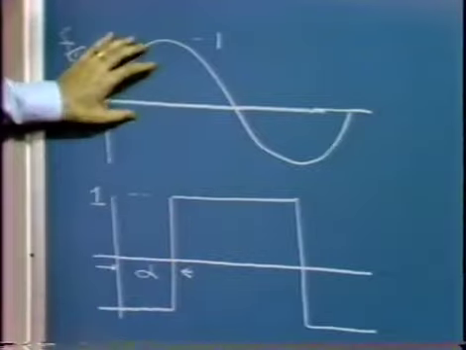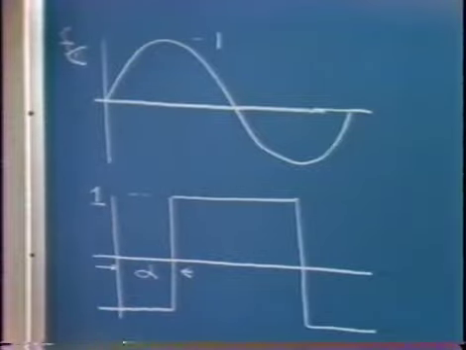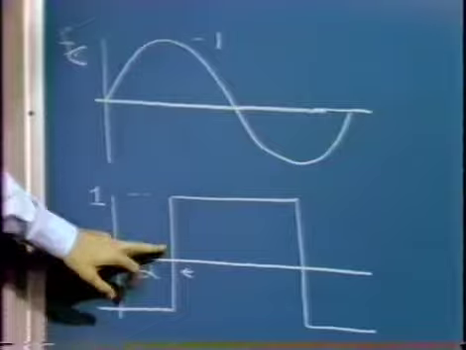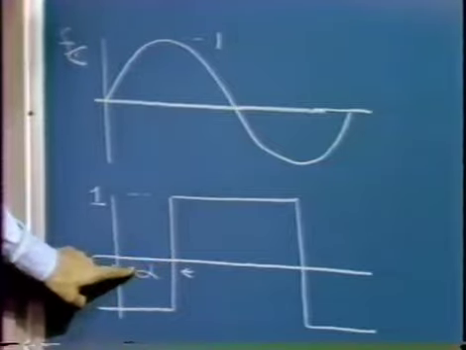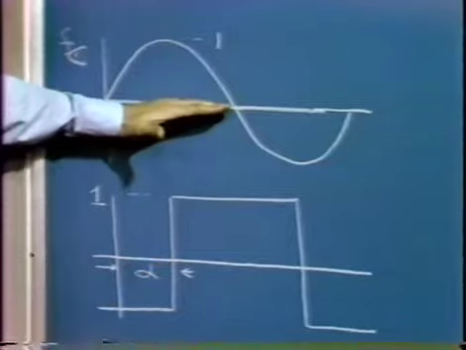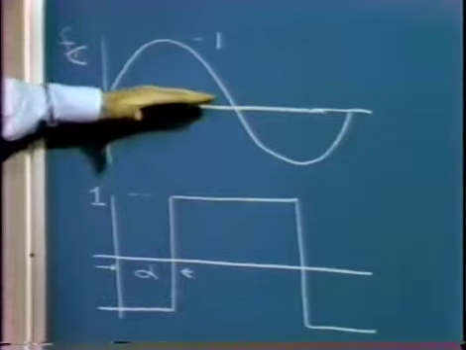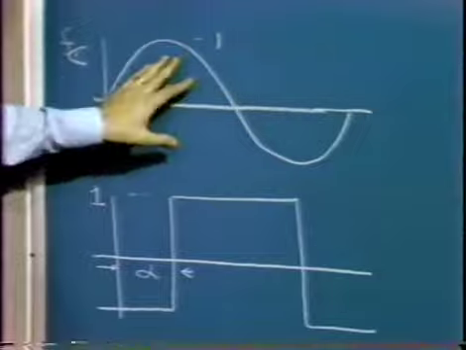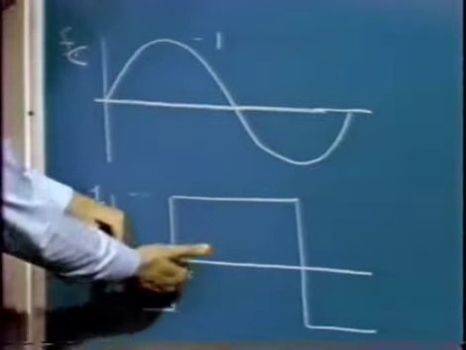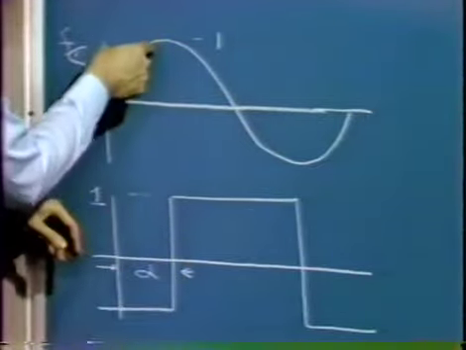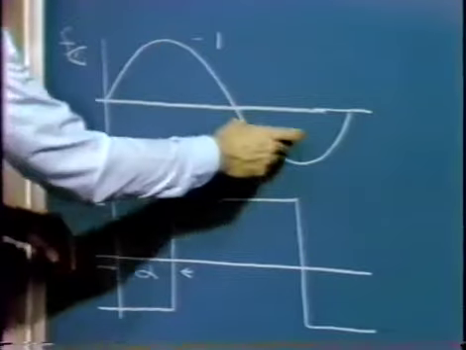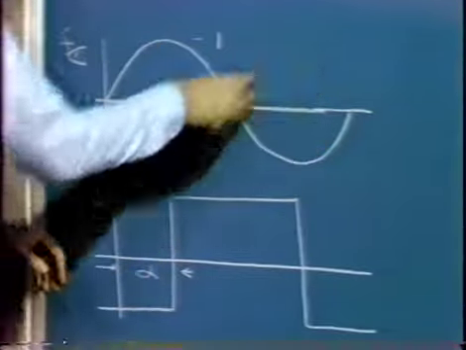Again, we assume a relative phase angle alpha between the two signals. Here, if alpha were 0, we would get, as the output of the phase detector, the product of these two signals, we'd effectively get a full wave rectified sine wave. If alpha were 0, we'd multiply this part of the sine wave by +1, this part by -1, which would flip it over.